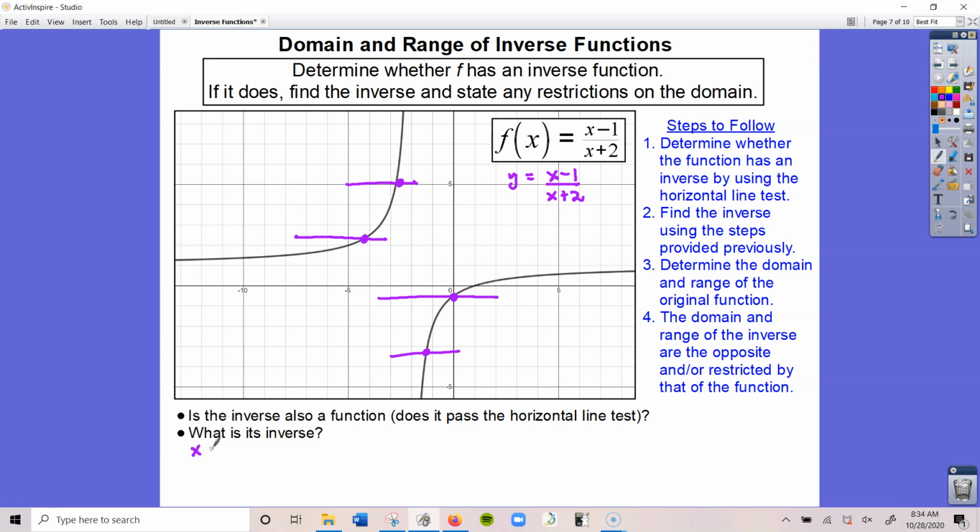So x is equal to y minus 1 over y plus 2. Now this can be difficult to work out simply because we have 2 y values here. But don't worry, this isn't going to be too bad. What we're going to do first is remove the denominator from here, so I'm going to multiply y plus 2 to both sides.